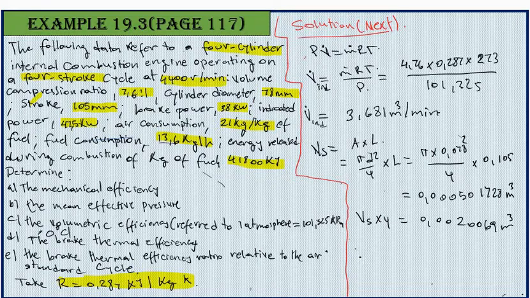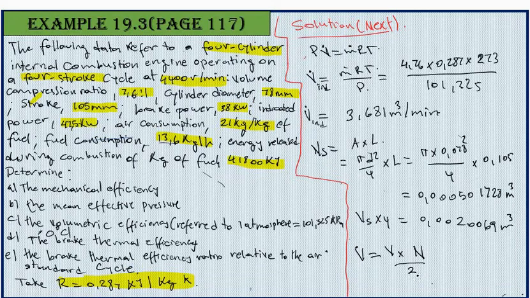So the volume rate is equal to the volume multiplied by the rotational speed, which is given, and then I need to divide it by 2.